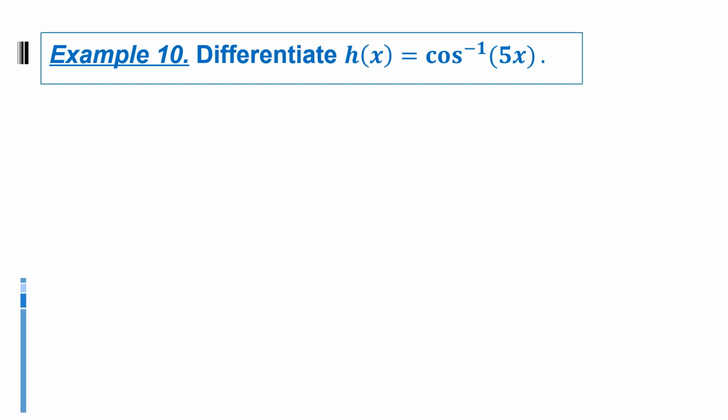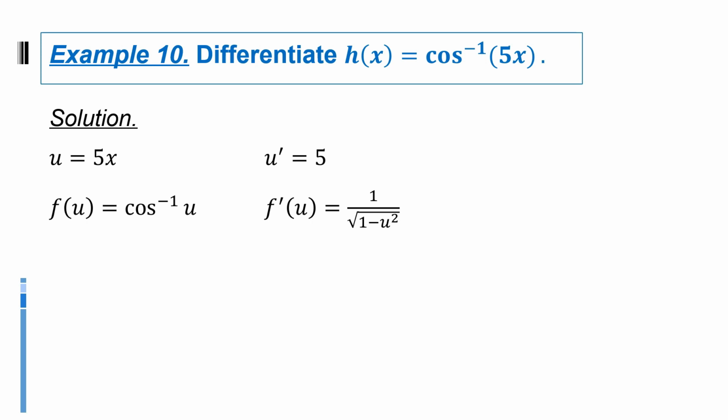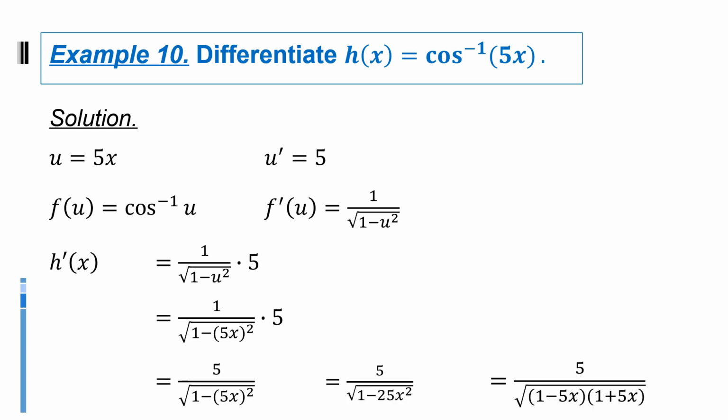Differentiate h of x equals arc cosine of 5x. Our u here is 5x with derivative of 5. And f of u is equal to arc cosine of u with a derivative of 1 over the square root of 1 minus u squared. So h prime of x now is equal to 1 over the square root of 1 minus u squared times 5, or that is 1 over the square root of 1 minus the square of 5x, and then multiplied to 5.